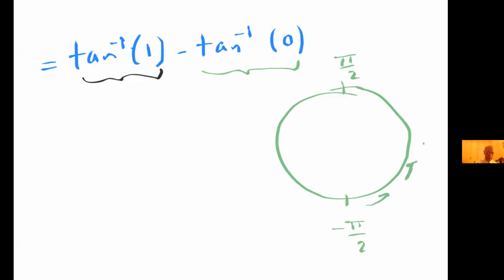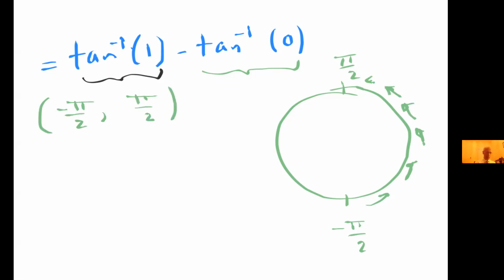So anywhere in here except negative pi over 2 and pi over 2 itself, because tangent is undefined at negative pi over 2 and at positive pi over 2. So the domain for tangent inverse is from negative pi over 2, not included, to pi over 2.